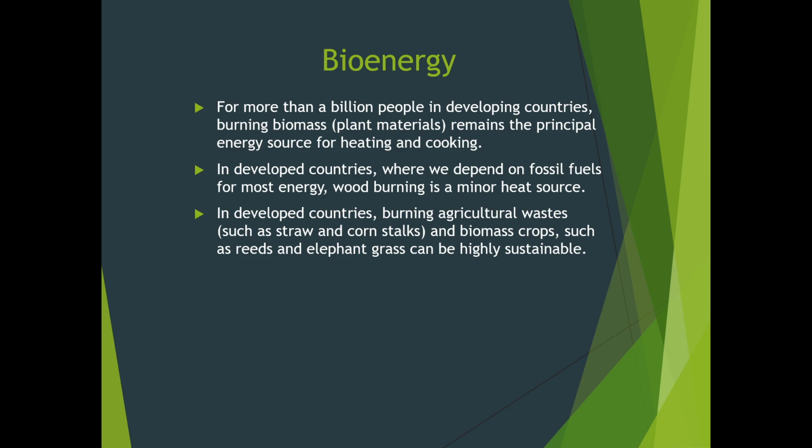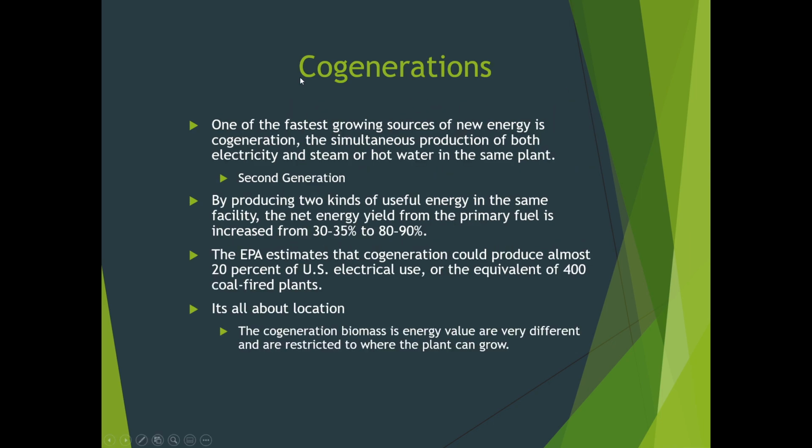In the developed countries, burning agricultural waste, straw, and corn stalks, as well as reeds and elephant grass, have become adopted. And this is called cogeneration. It is one of the fastest growing sources of new energy in the United States.